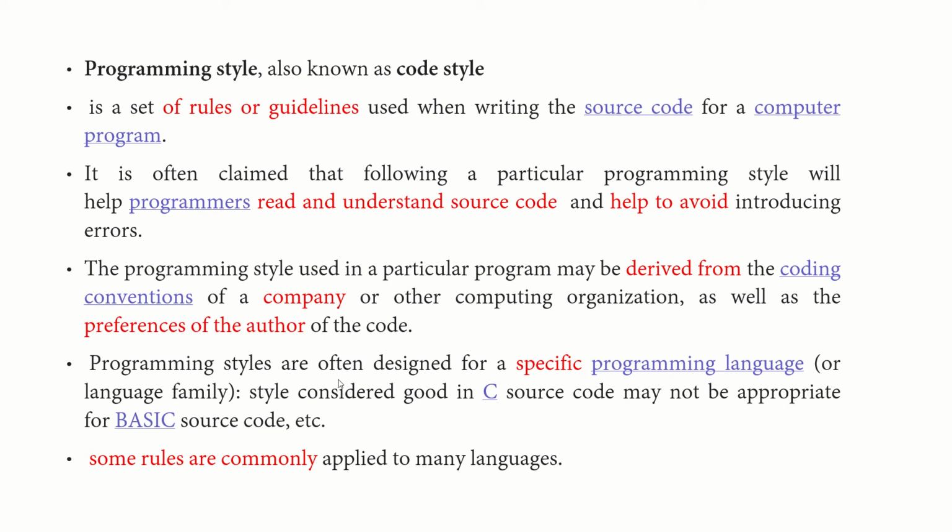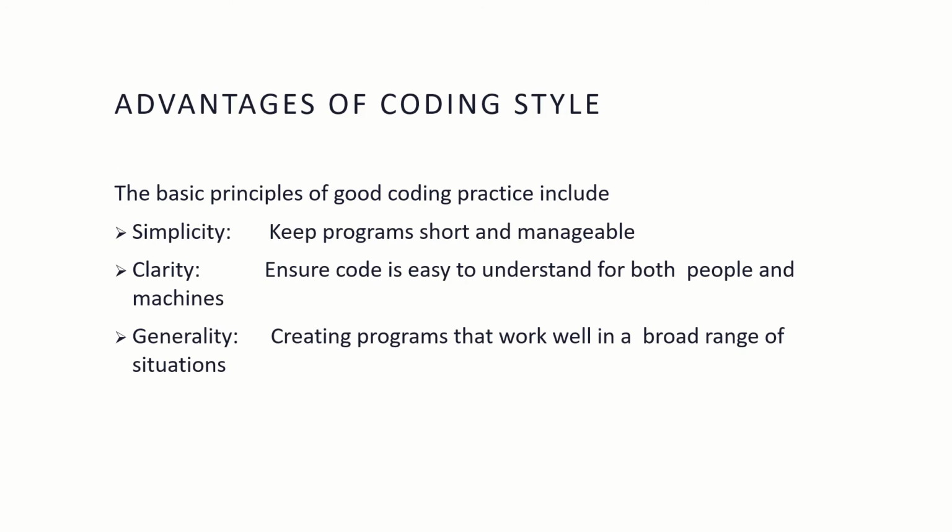The programming style is specific to the programming language, so certain styles can be applied to that type of language. For example, a programming style for C cannot be applied to another language like BASIC. And some of the rules can be commonly applied to many languages.